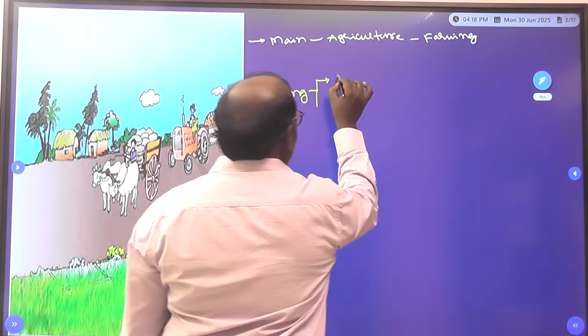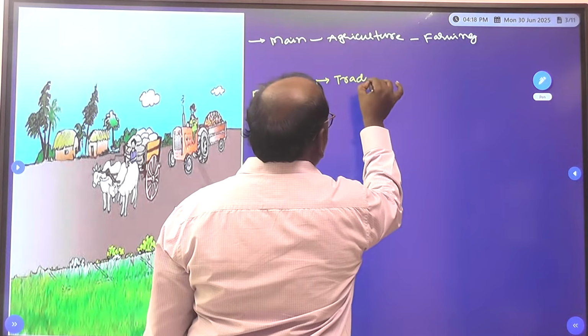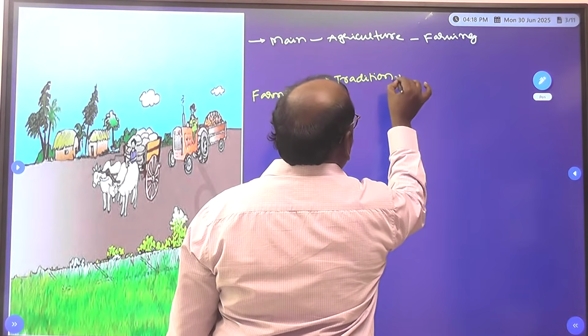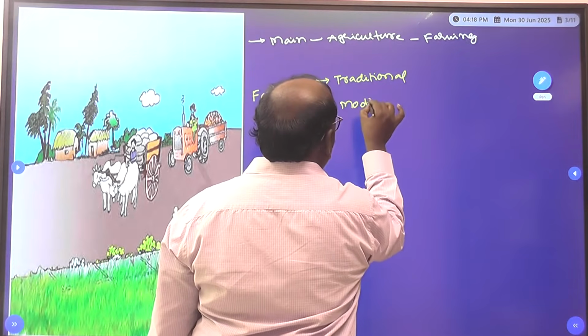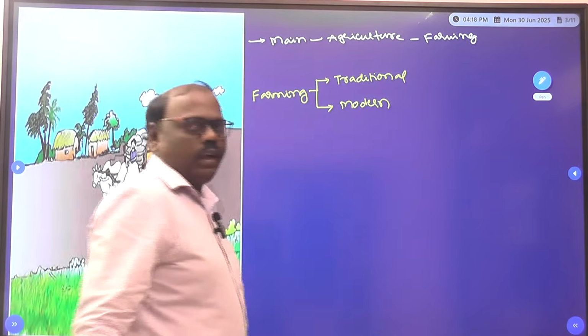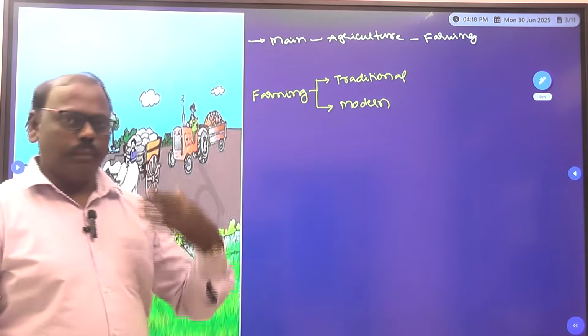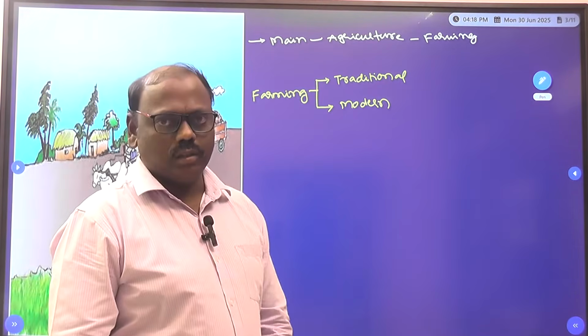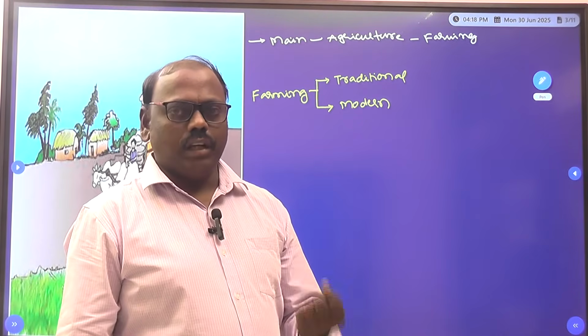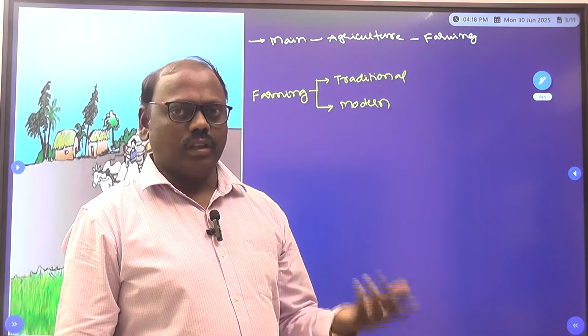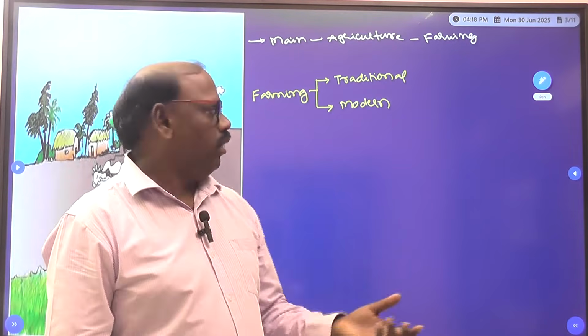One is traditional and the next is modern. If you go to any village, at one time people are using bullock carts, and sometimes they have cycles. They are bringing all the rice and fertilizers on the cycle or rickshaw, tongas, or something else.